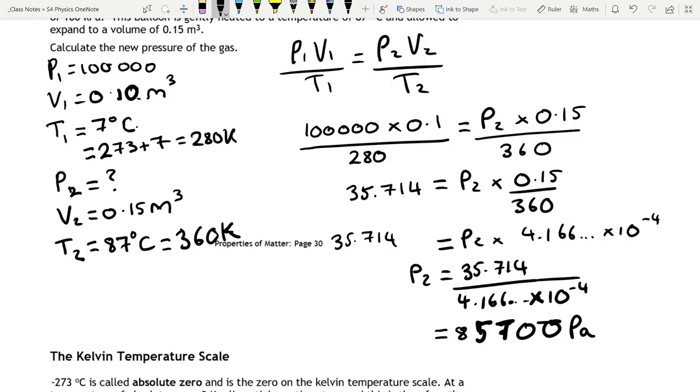Did everybody else get that? 0.15 divided by 360. That's absolutely fine. Yep. You get the same answer? Yeah, sure. That would probably only be 3 marks, I'm afraid, because it's just equation, numbers, final answer.